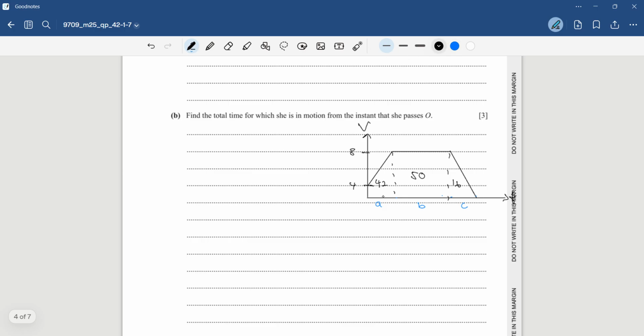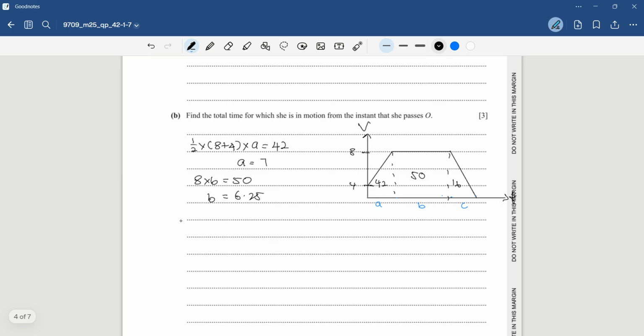So I just find a first. It's going to be the area of a trapezium. So 1 over 2 multiplied by 8 plus 4 multiplied by a equals 42. We simplify this, and we get a equals 7. For the second one, it is a rectangle, so 8 times b equals 50, so b equals 6.25.